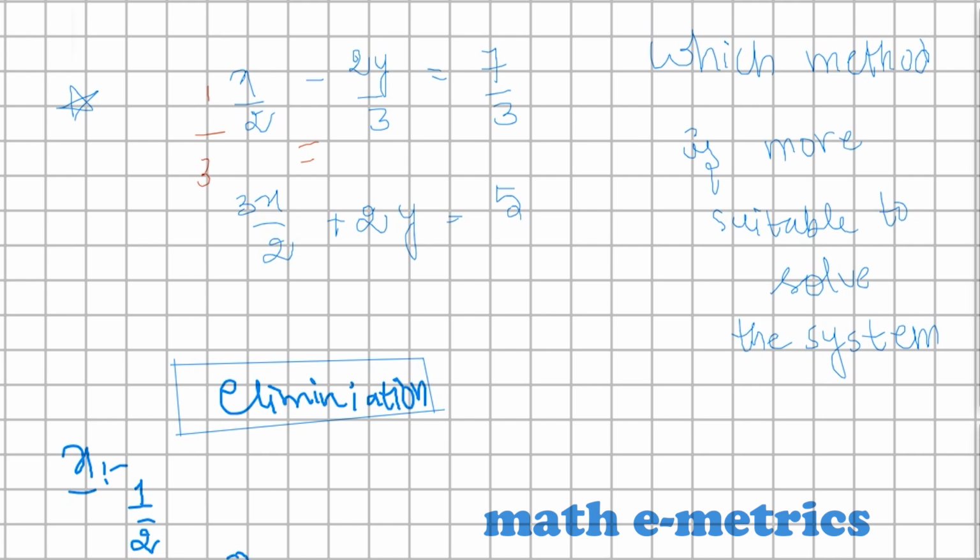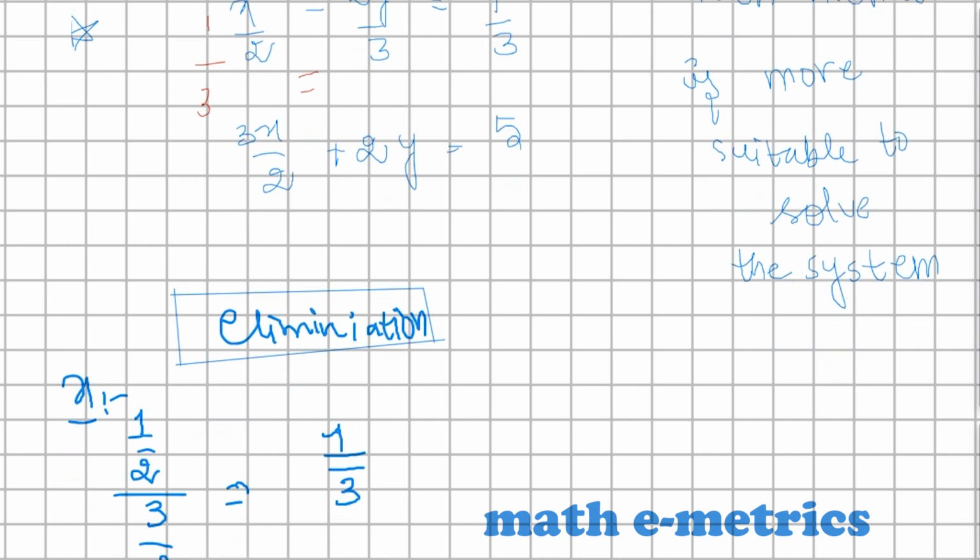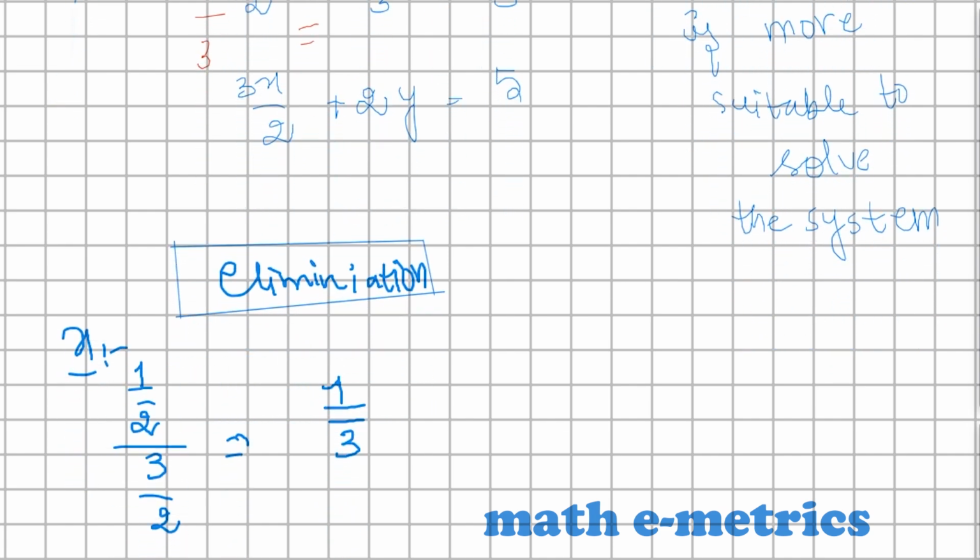This will be 3 over 2, or 1 divided by 3 over 2. It's just 1 over 3.